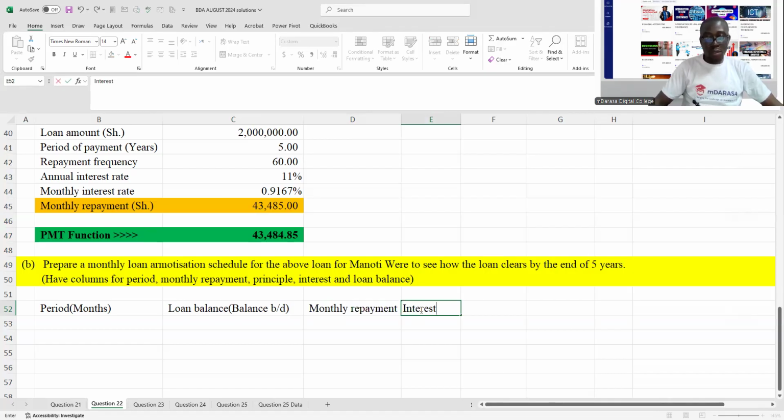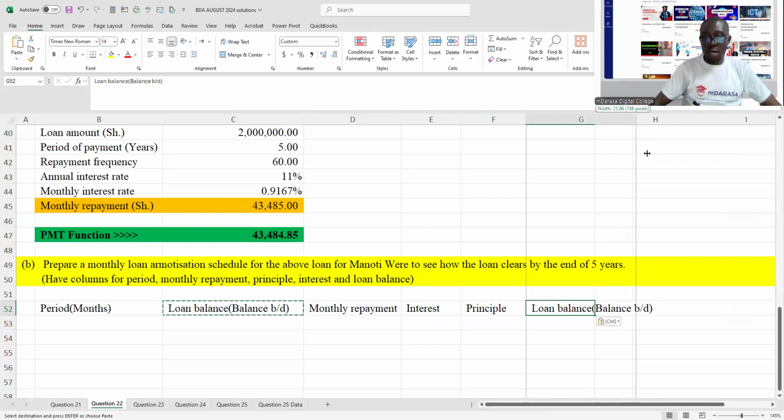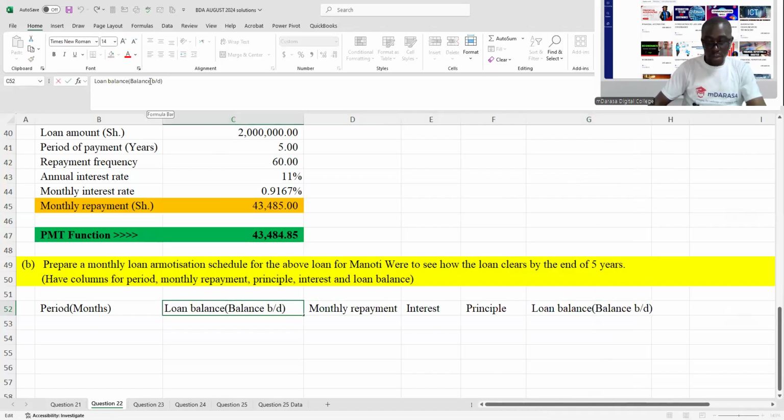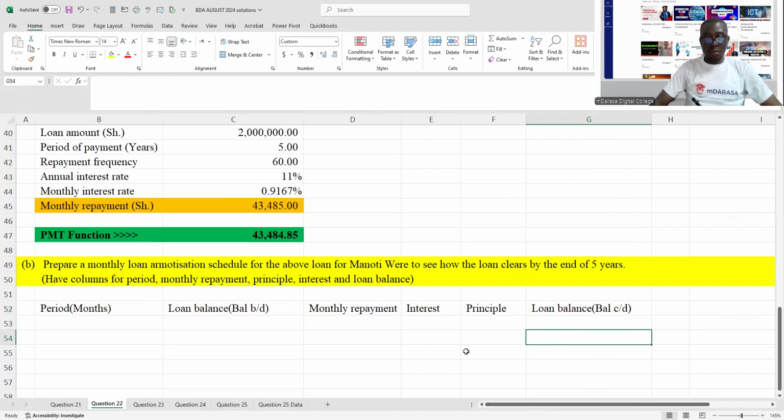Consider our principal. And consider our loan balance as at the end of the period, which is balance carried down. So these are the details that you have.